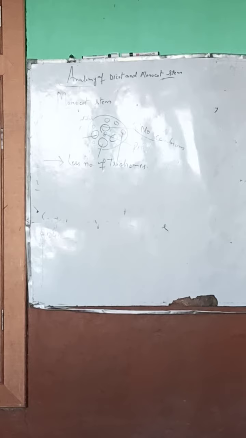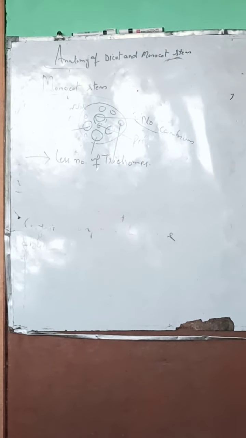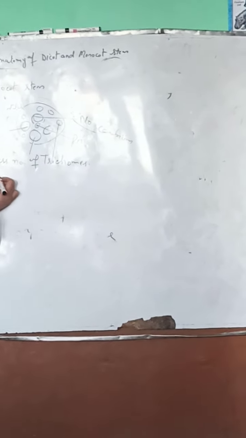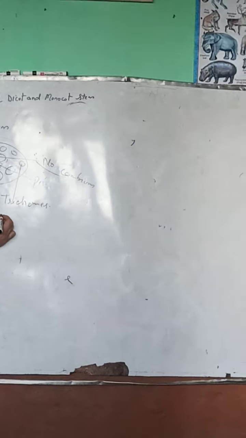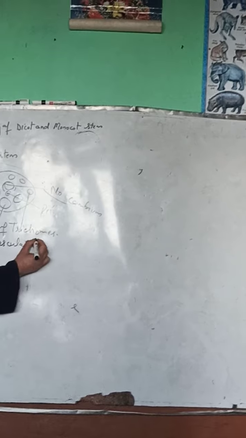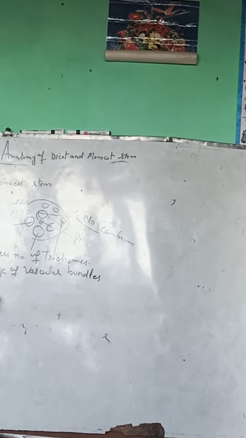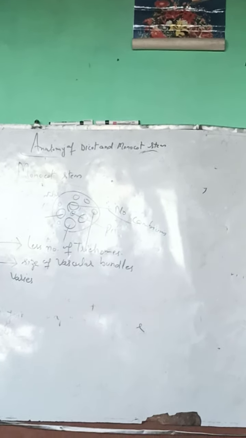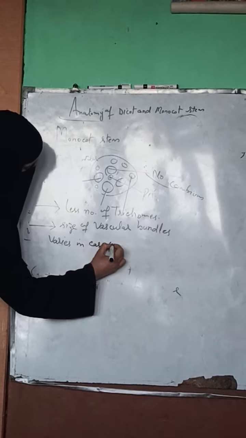Then there is the size of vascular bundles. The size of vascular bundles varies in case of the monocot stem.